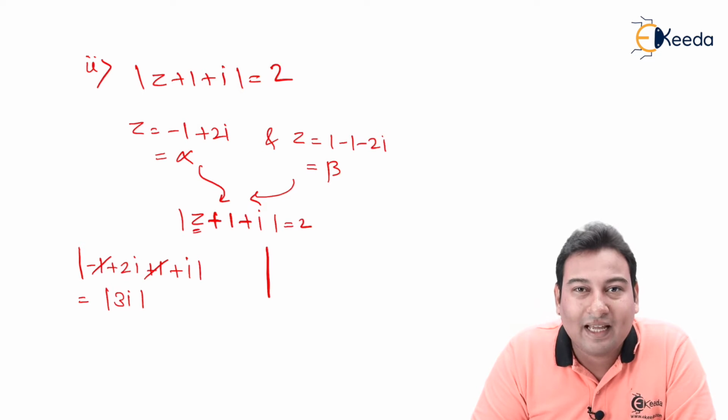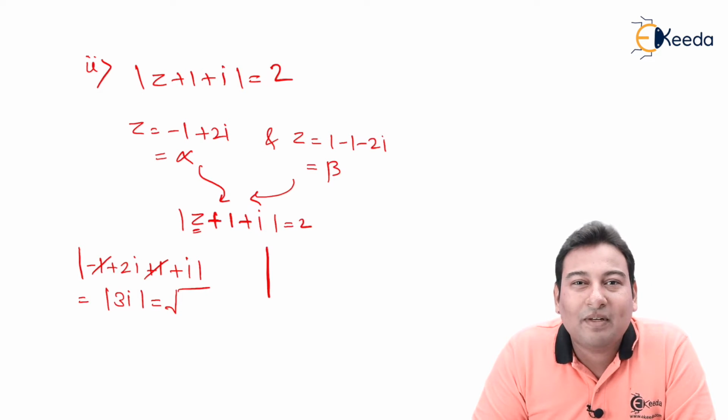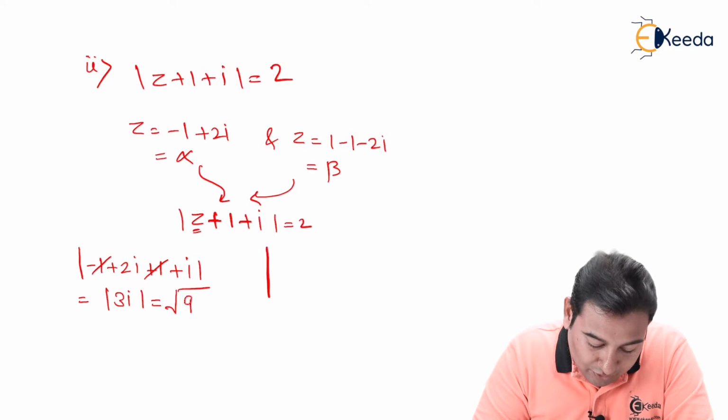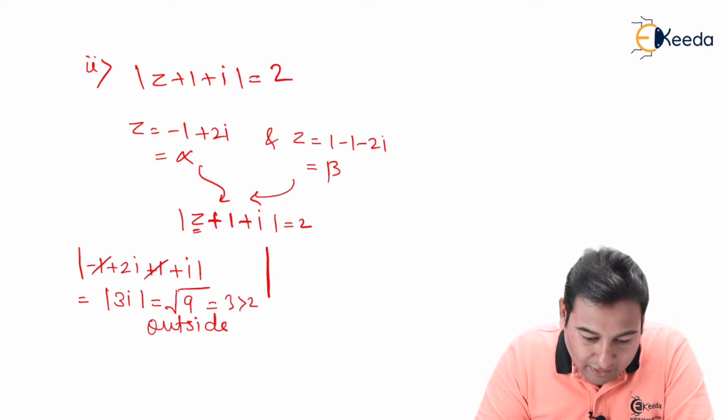Mod of 3i is the square root of real square plus imaginary square. Here the real part is 0 and the imaginary square is 3 square, that is 9, so which is equal to 3. So greater than 2, outside. So friends, alpha is outside.